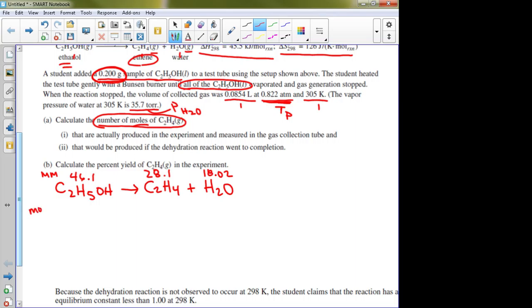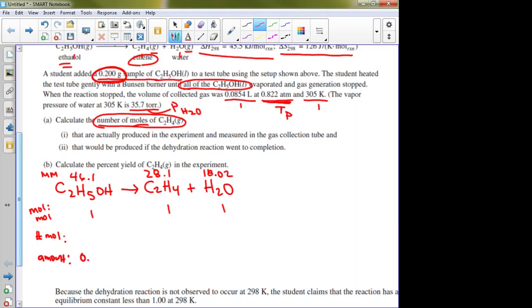Then we do our mole to mole ratio. How do I get the mole to mole ratio? I just look at the coefficients. So in this case, it's 1 to 1 to 1, right? Then we would do the number of moles, and then the amount, and the amount was in grams. So fill in what they gave me.